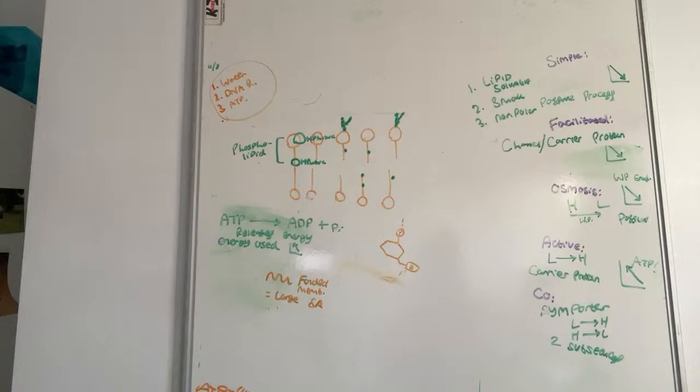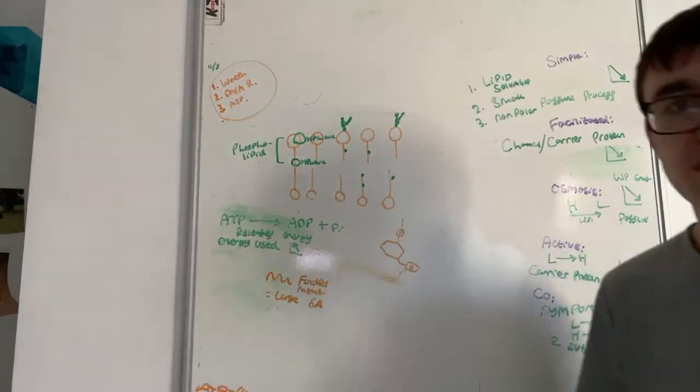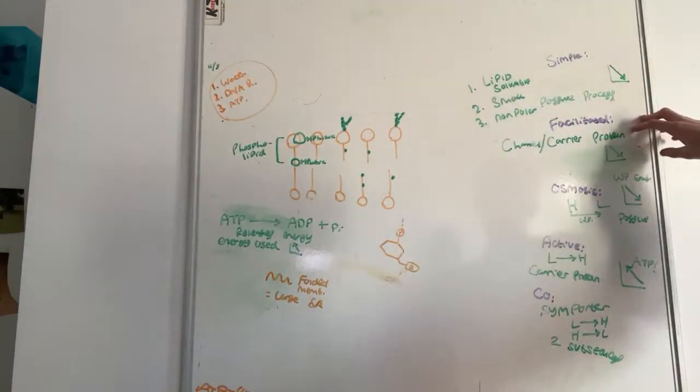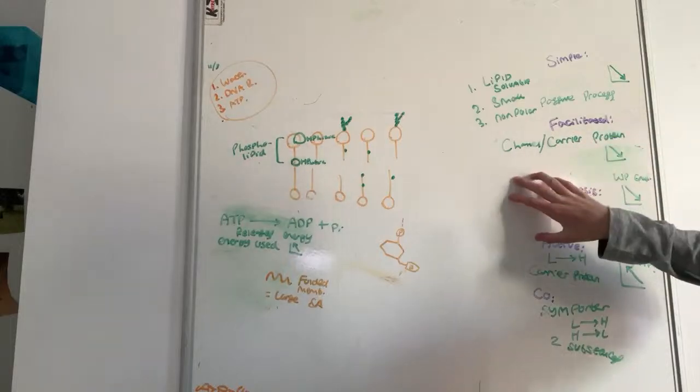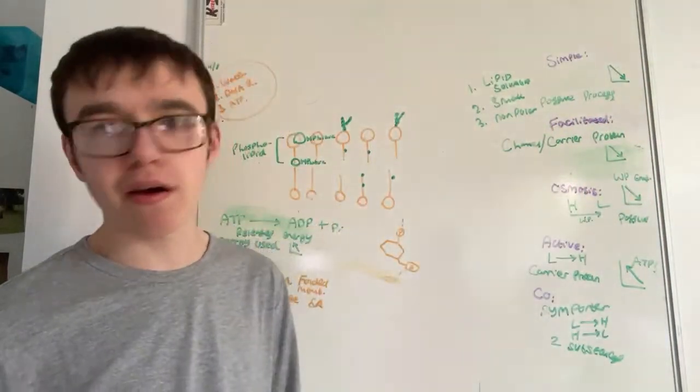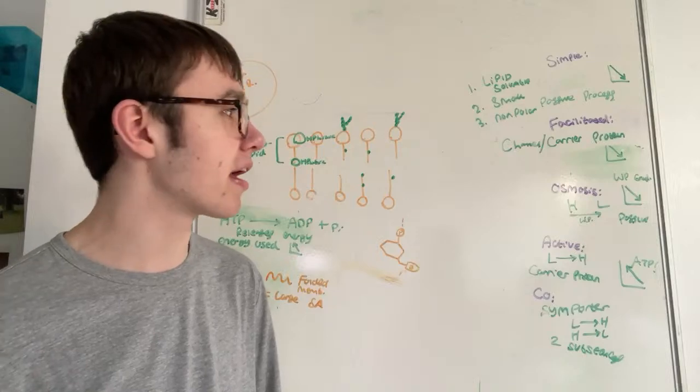So that might have sounded a bit like a ramble, but all I did there for 5 marks was just state what simple diffusion is, what facilitated diffusion is, what osmosis is, and what these are. 5 marks. That is probably one of the nicest exam questions you could ever get.